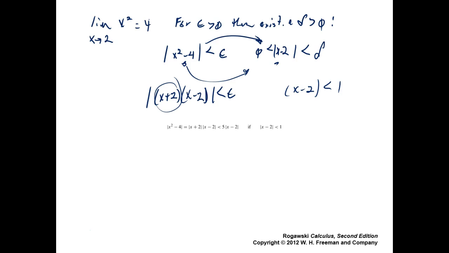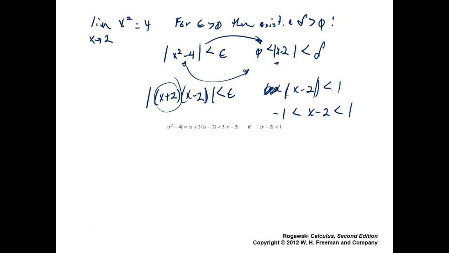Now, if that's the case, the absolute value of x minus 2 is less than 1. Okay, let's start with that. So that means that minus 1 is less than x minus 2 is less than positive 1. That's what absolute value means.